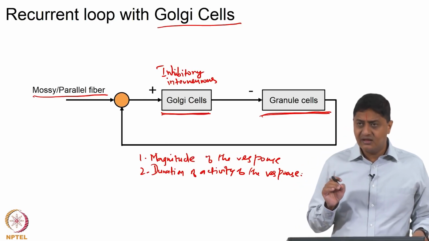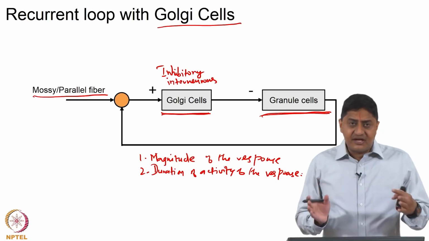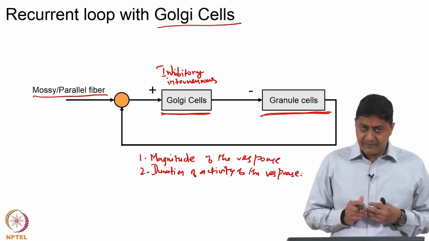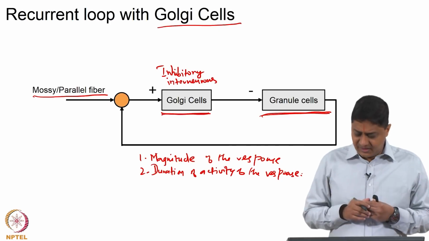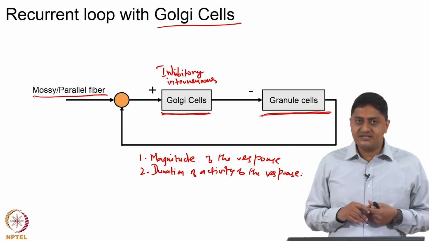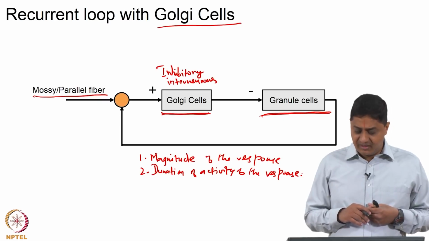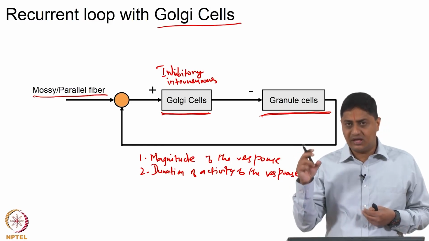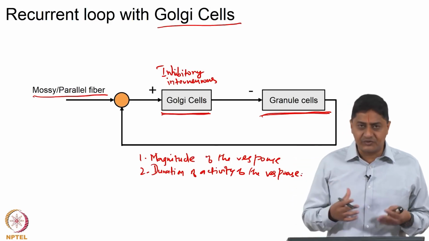So, when I say the response, obviously I am not talking about the response of individual granule cells, but rather when a bunch of granule cells are active simultaneously and some of them are inhibited, when say 10 granule cells are simultaneously active and say 4 of them are inhibited, then the sum total of their activity will reduce.